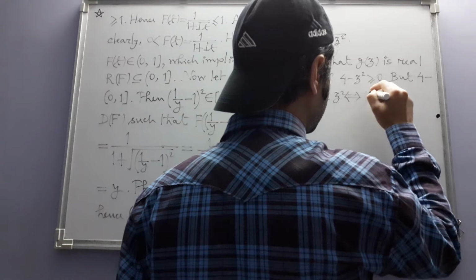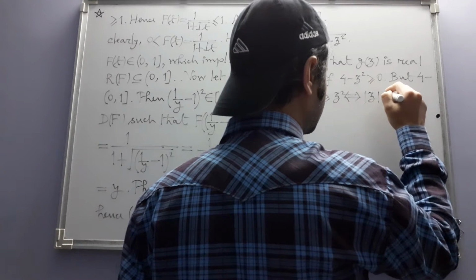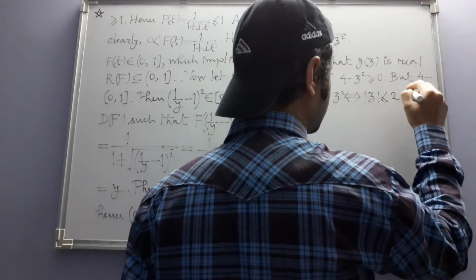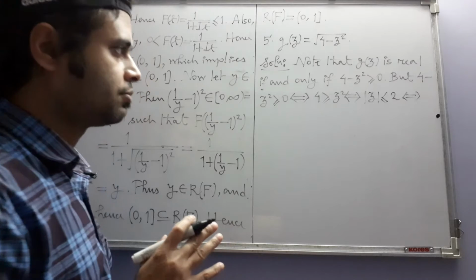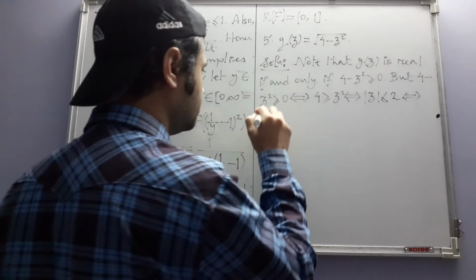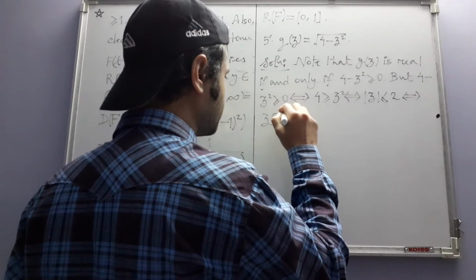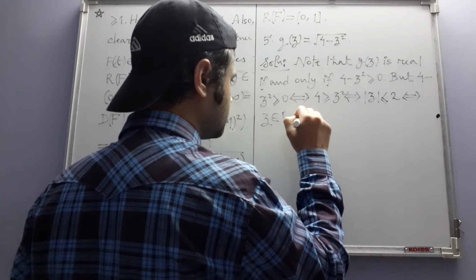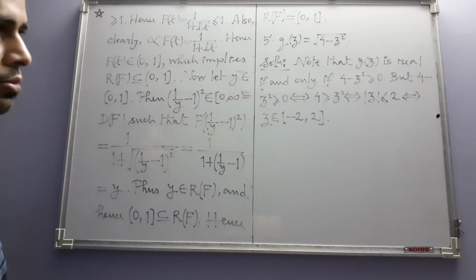So that means absolute value of z is less than or equal to 2. In other words, the distance of the real number z from 0 should be less than or equal to 2. So that means z should belong to this closed interval minus 2 comma 2.